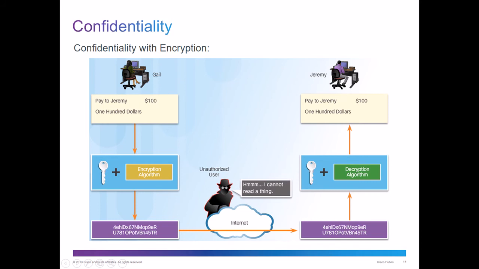That means both Gail and Jeremy will have the same key. That's symmetric, right? If it's asymmetric, Gail will encrypt with the private key, and Jeremy will decrypt with the public key.